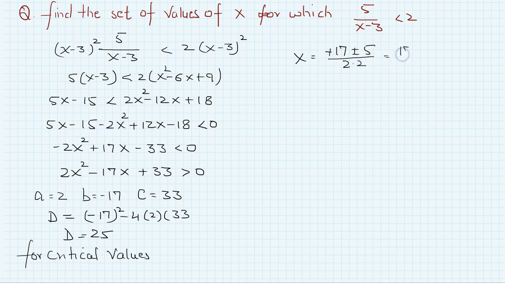So that is equal to 17 plus 5 over 4 and 17 minus 5 over 4. 17 plus 5 is 22 over 4, so x is 11 over 2. 17 minus 5 is 12 over 4, so x is 3.